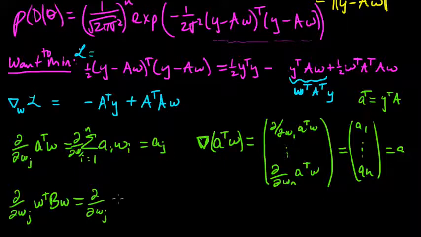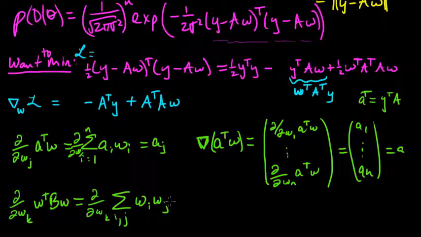This is called a quadratic form, and it's always equal to the sum over, let's make this K actually, I want to use IJ in the sum. Partial with respect to WK is the sum over all pairs I and J of WI, WJ, and let's assume B is symmetric. Makes things a little simpler. And in fact, this A transpose A is always symmetric, so that's fine.